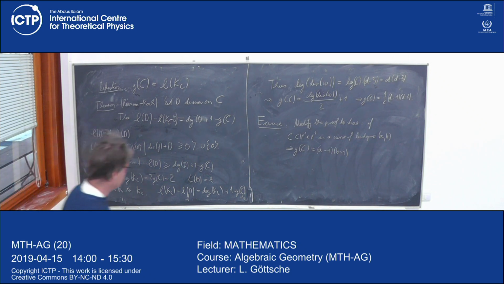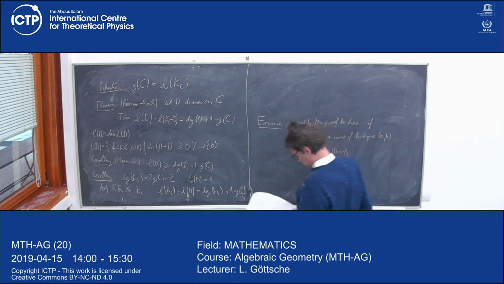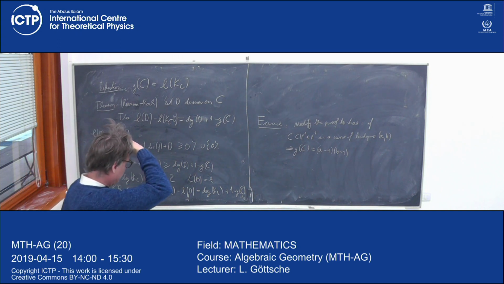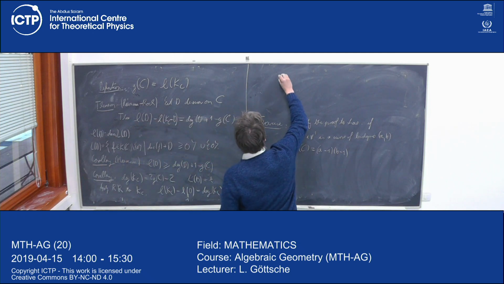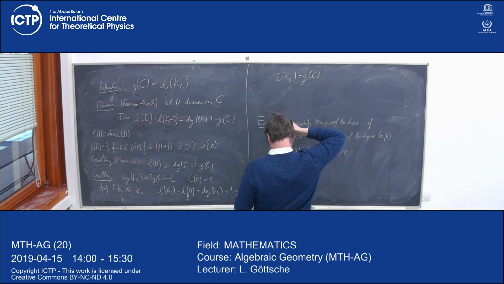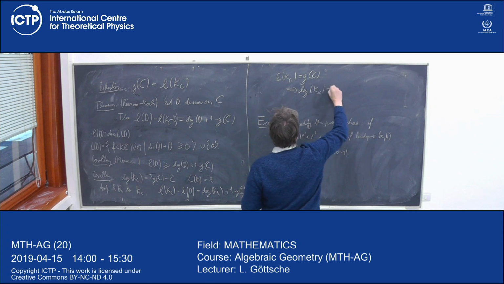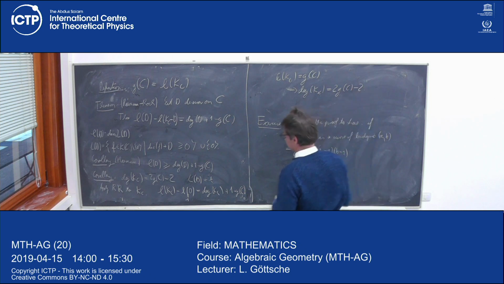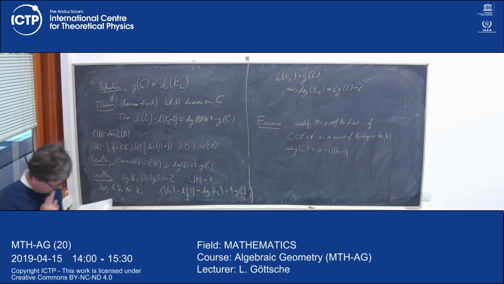And so if we bring it to the other side, we get the statement: we know that l of Kc, by our definition, is equal to the genus of C. So if we put it together, we indeed get that the degree of Kc is equal to twice the genus of C minus 2. And this is the previous form.